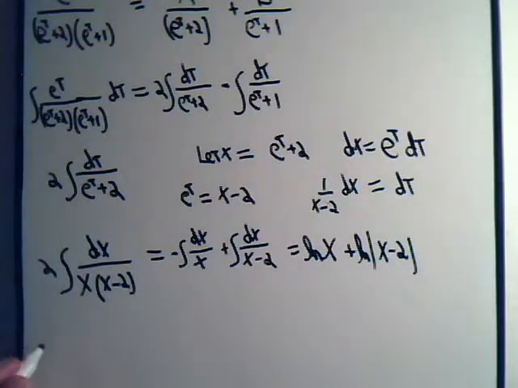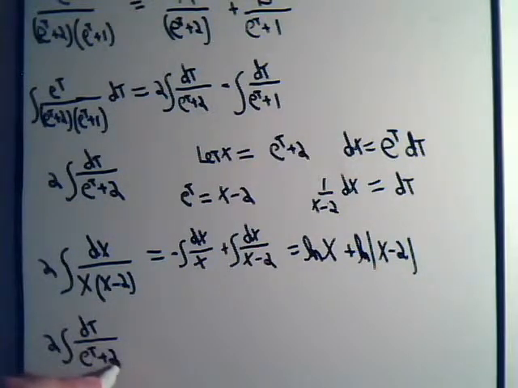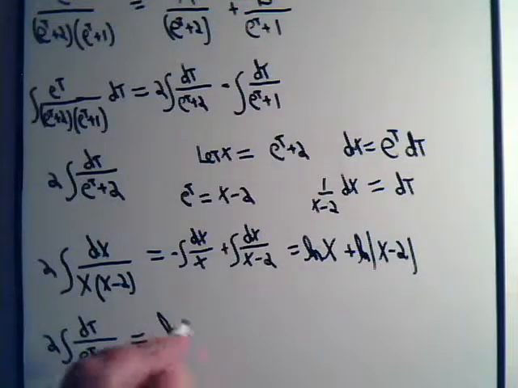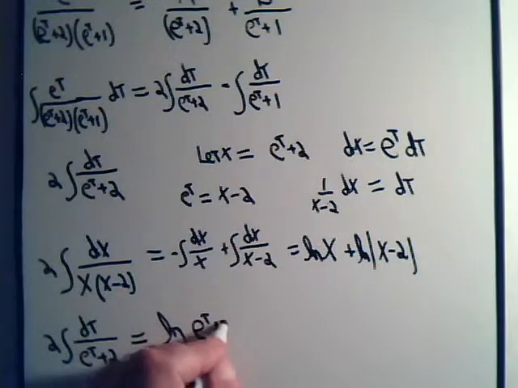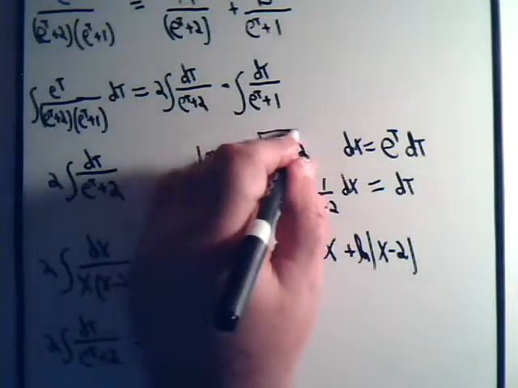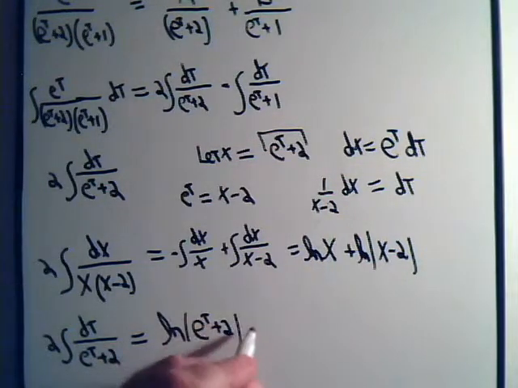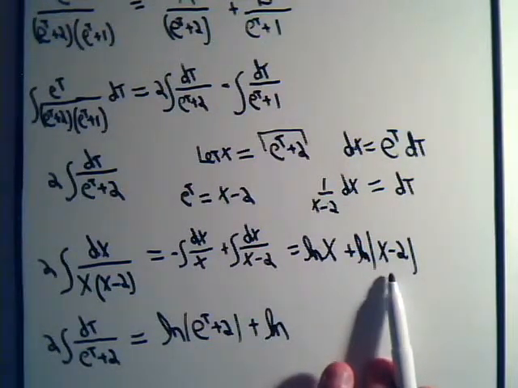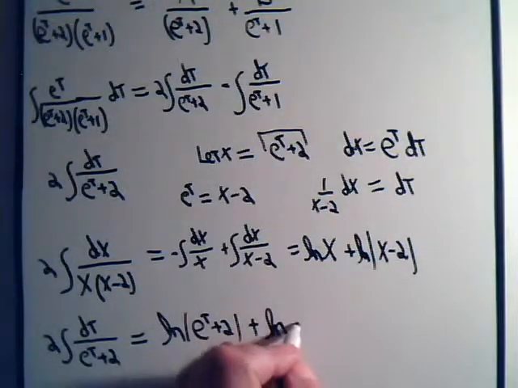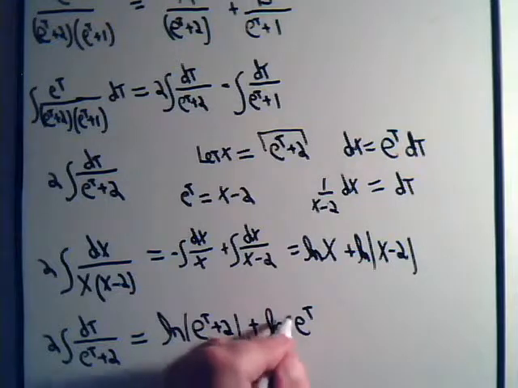Now what we have to do is go back and remember what x is. And we go back to here. 2 times the integral of dt divided by e to the t plus 2 will equal the natural log of e to the t plus 2. This is what x is right here. And then we'll have plus the natural log x minus 2, that would be this minus 2, so that would just be e to the t.